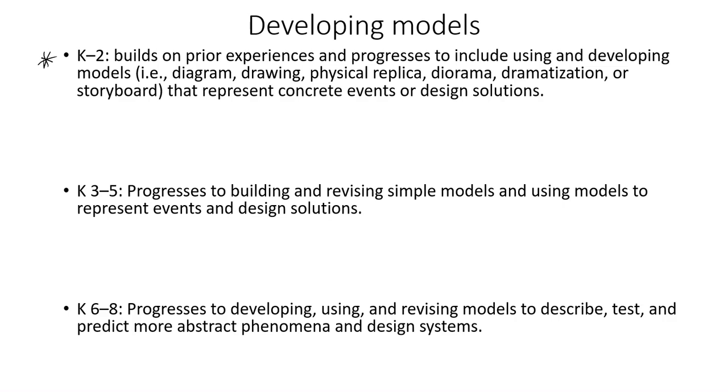But in this case, what is important at K2 is that you are representing concrete evidence, things they can see or have seen, because we know these are young kids who are not yet abstract.